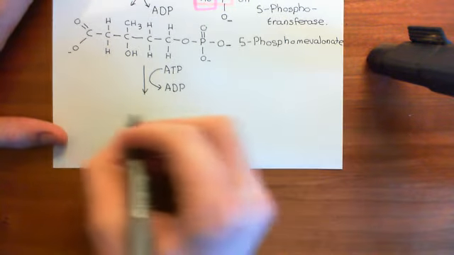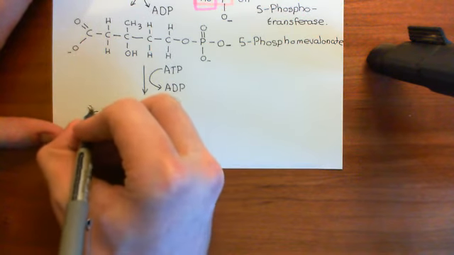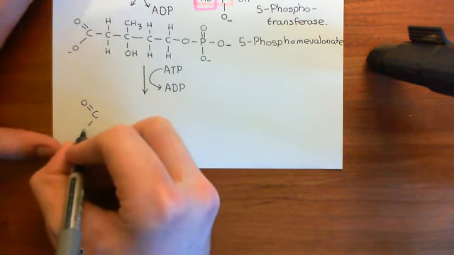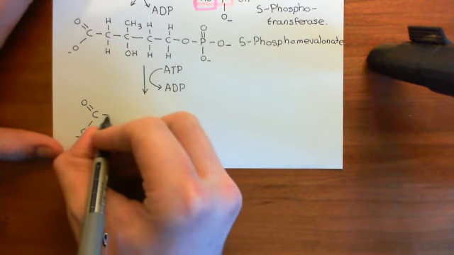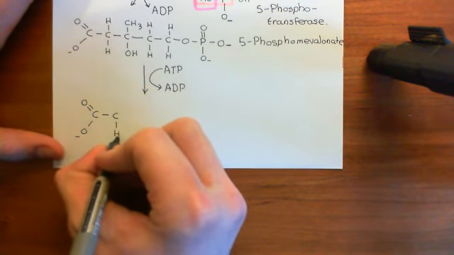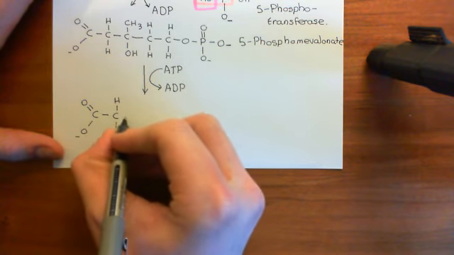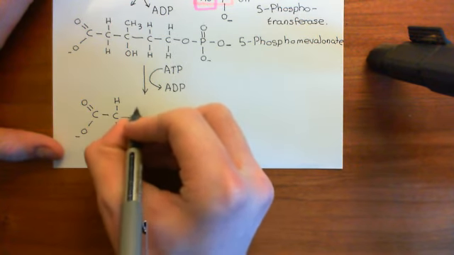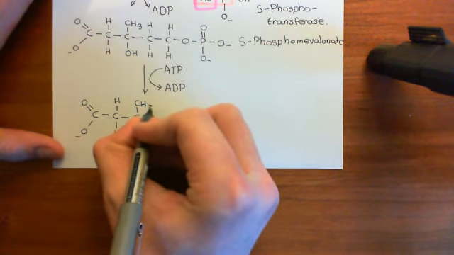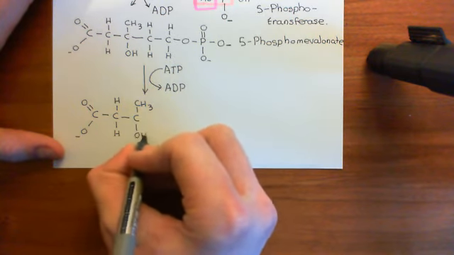What we're going to end up with then is the mevalonate molecule now with 2 phosphate groups added onto the ends. Let's draw this. So here's our carboxylic acid group still in the conjugate base form. Here's the methylene group, here's the middle carbon which has a methyl group coming off it and an alcohol group coming off it.